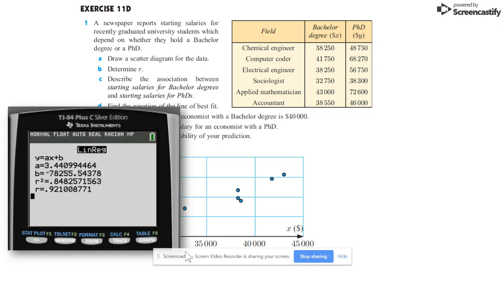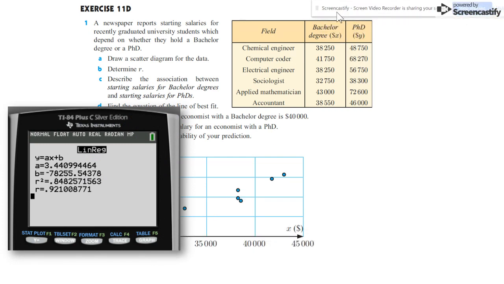So if we take a look at our value of R, we have now calculated R, so part A was done, part B is done now. Our value of R is, to 3 sig figs, 0.921.